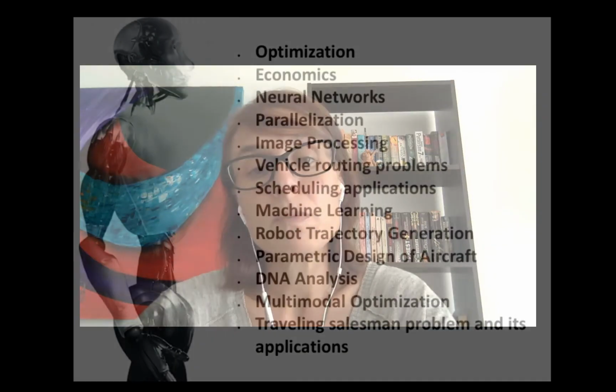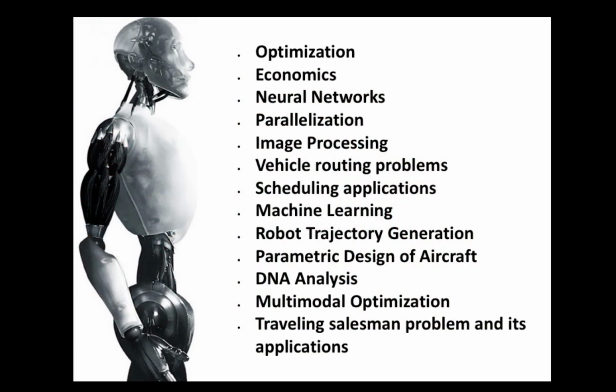Genetic algorithms are primarily used in optimization problems of various kinds, but they are also used in other application areas. I'm going to give you a short list of areas where these can be used. So first of all, optimization. GAs are most commonly used in optimization problems wherein we have to maximize or minimize a given objective function value under a given set of constraints.